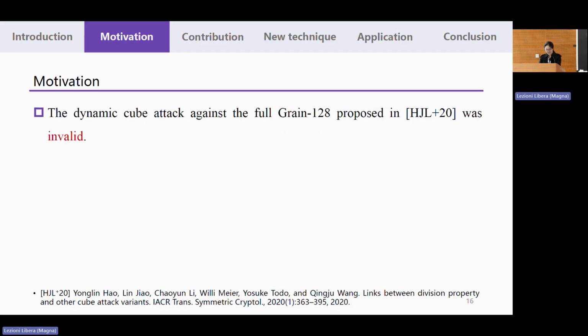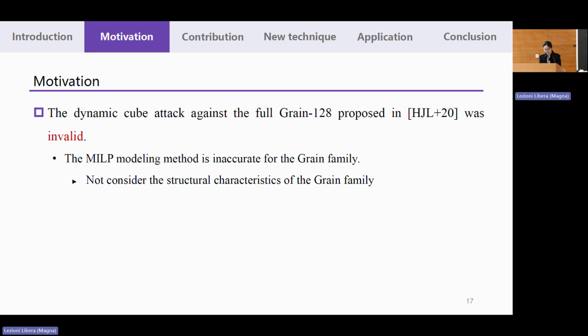However, we found that the dynamic cube attack against the 4 Grain-128 proposed in that paper was invalid. There are two main reasons for this. First, the MILP modeling technique for the dynamic cube attack did not consider the structural characteristics of the Grain family. As a result, the established MILP models contain numerous redundant division trees.